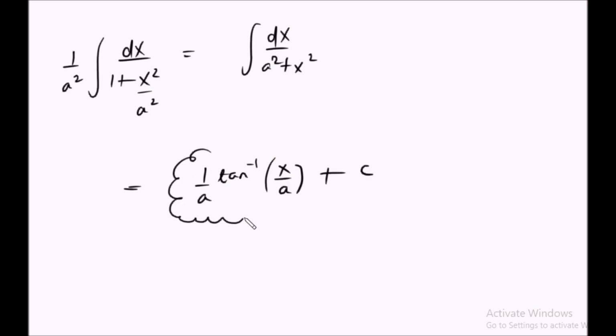So nimesema hii ndo unafanyaje, unaikariri. Kwa hiyo nimekuongezea standard integral ngapi leo? 6. Okay, ile ya cos ax, sin ax, sec squared ax, cosec squared ax na hizi mbili za mwisho ambazo nimejaribu kuonyesha derivation.